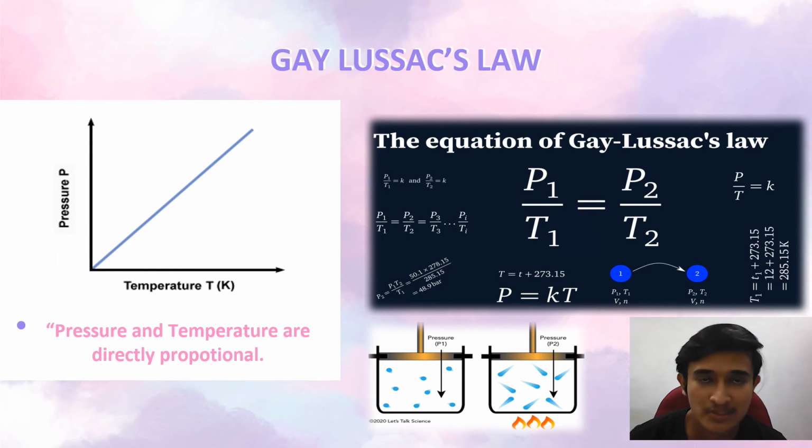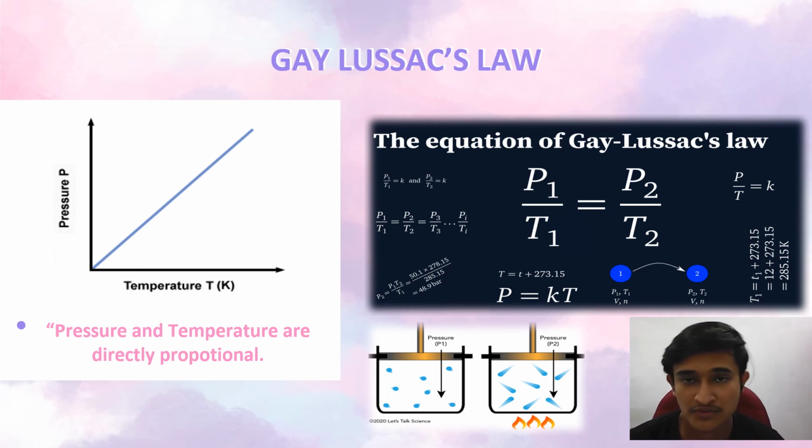This will cause an increase of speed, and they will collide more frequently with each other and with the wall of the container. As a result, the number of collisions will increase, and then the pressure will increase too. So this is how it works.